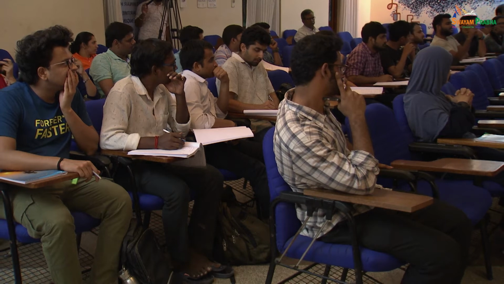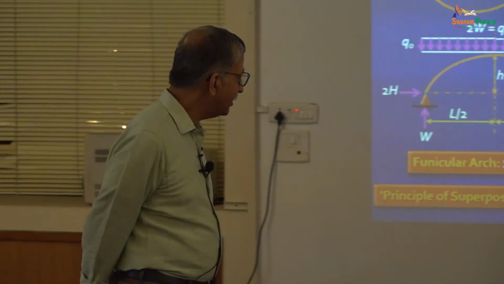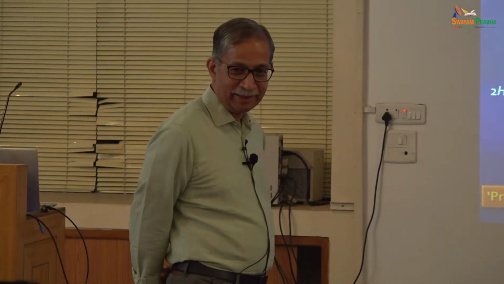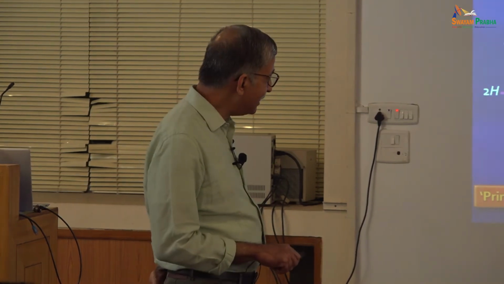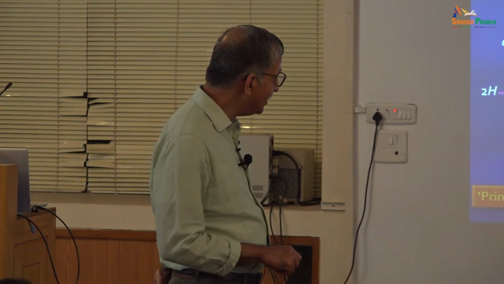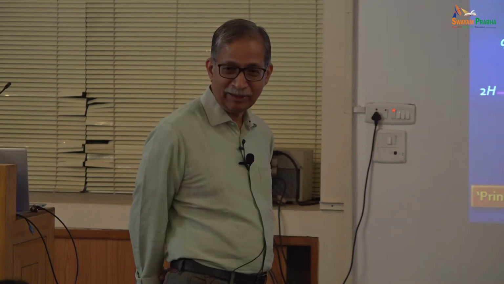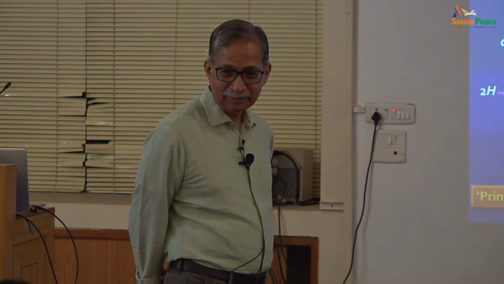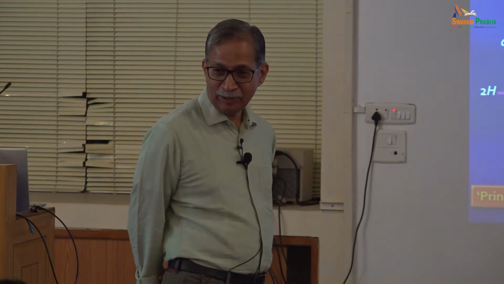Tell me. Left side should be sagging. Why? Because horizontal force is almost half of the original. No. Slowly. Tell me, for this arch and this arch, will the horizontal force be different? Will it be different or same?